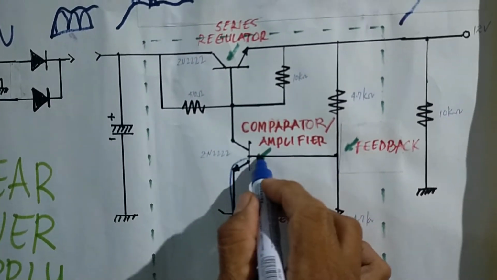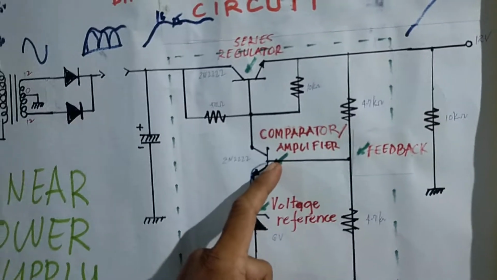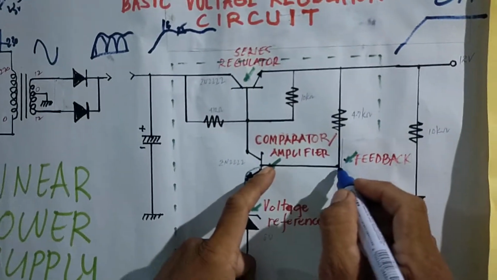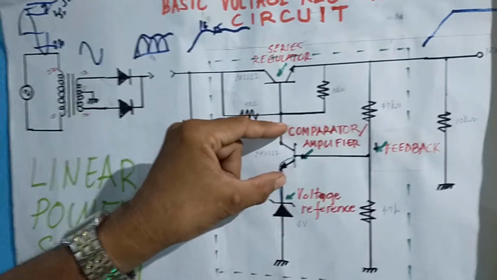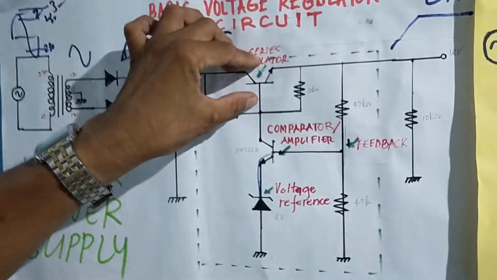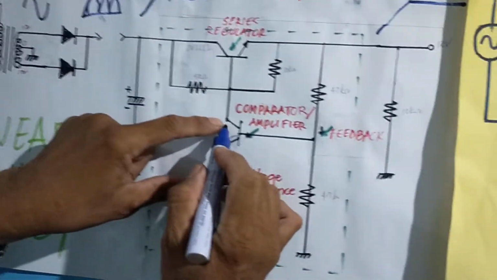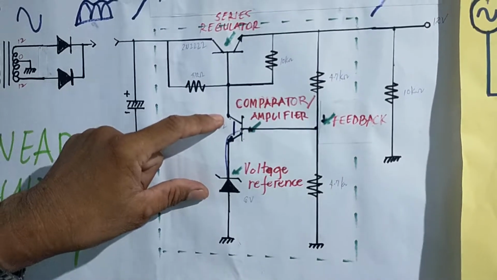Since the base is positive, because it is NPN, this transistor conducts more, because the voltage increases to more positive. So this transistor will conduct more. The resistance between collector and emitter is lowered.